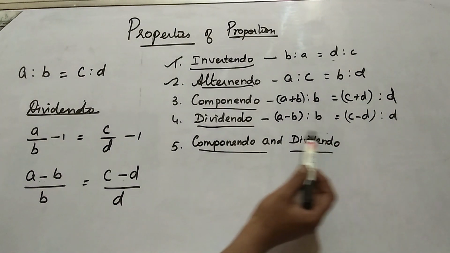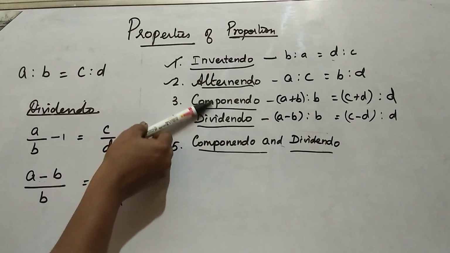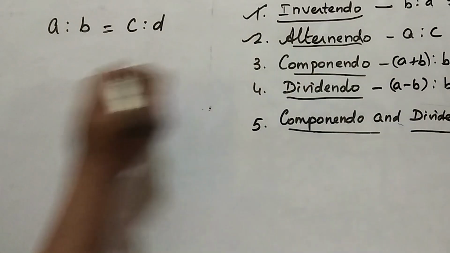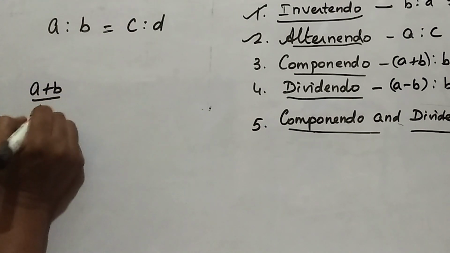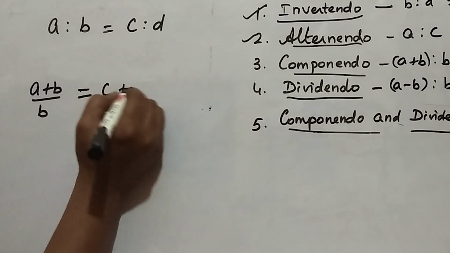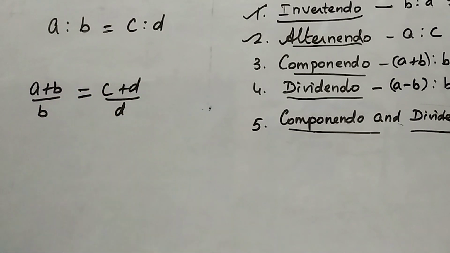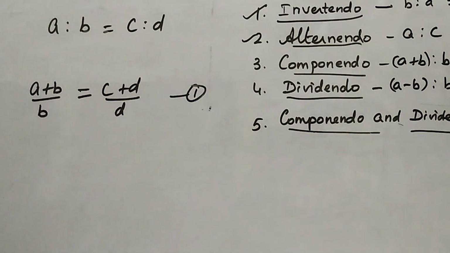Okay. Most important property is componendo and dividendo. We will apply these two together. Componendo: A plus B upon B is equal to C plus D upon D. Keep it as 1.